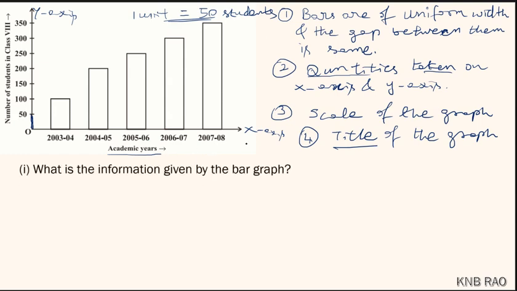Now, coming to the reading of this bar graph. Here, first question, what is the information given by this bar graph? By watching this bar graph, what have you understood? What does this information talk about? So, what do I say?